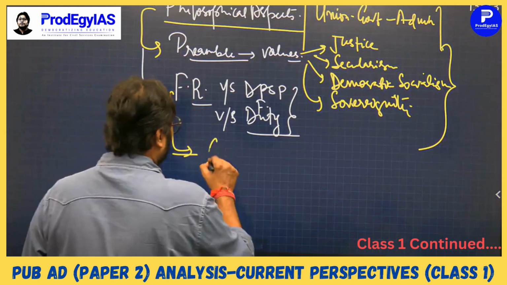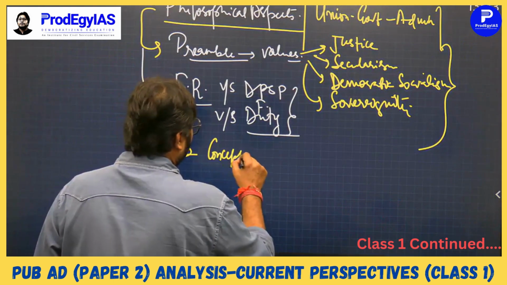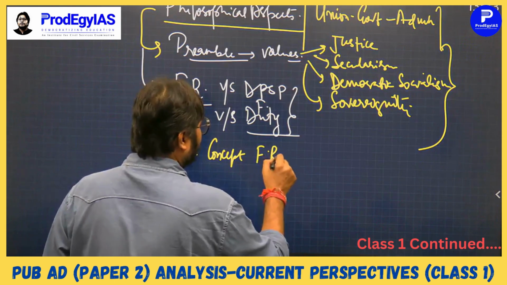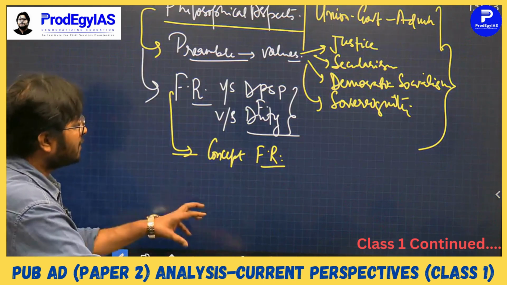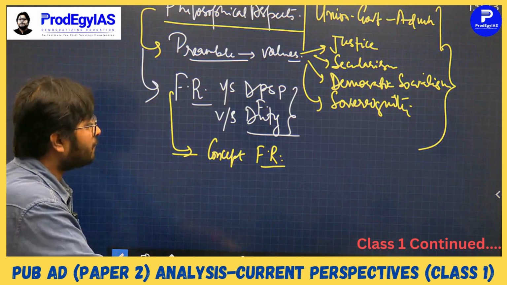Concept of FR, obviously, which is not general studies type, but it is a topic which is universal. It doesn't matter it is asked in paper 2 or GS paper 2 or PubAd paper 2. Concept of fundamental rights, right?